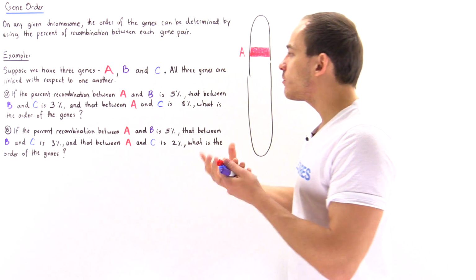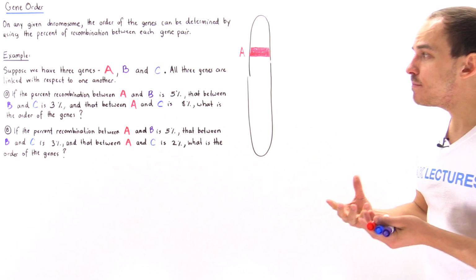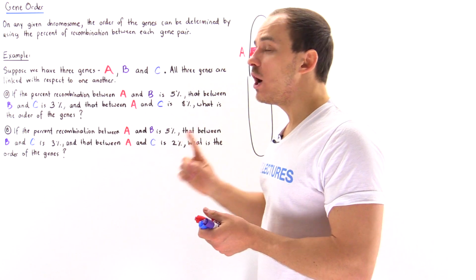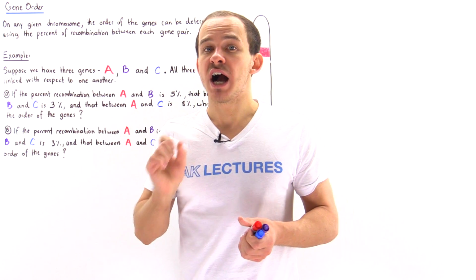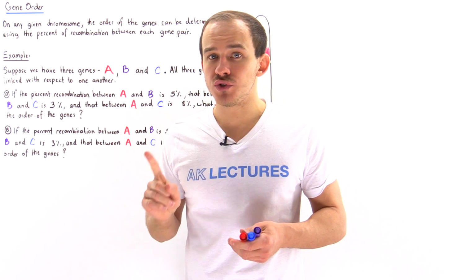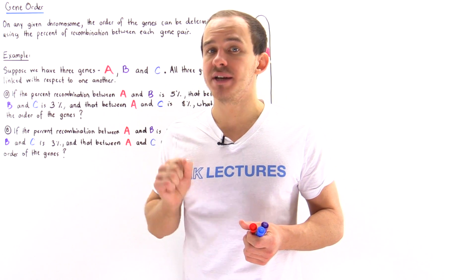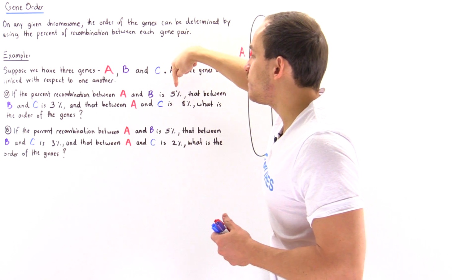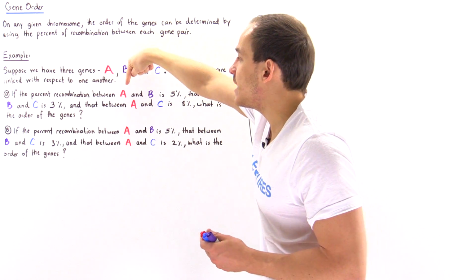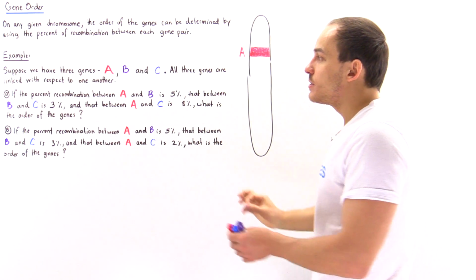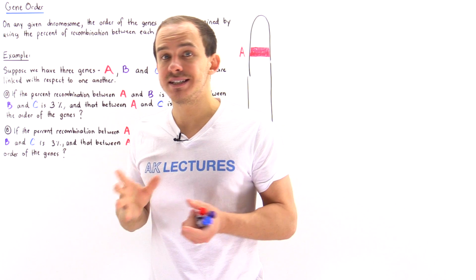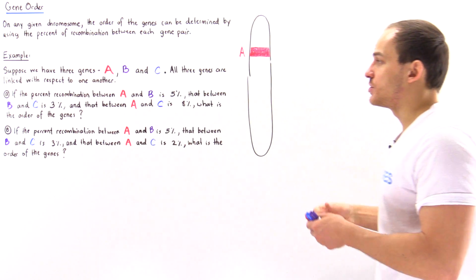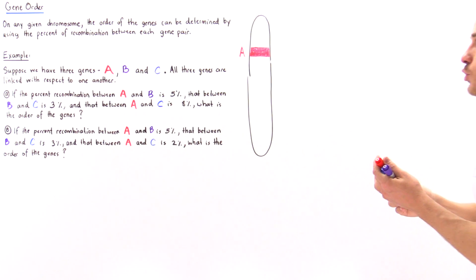Recall in our discussion of gene mapping, we said that one map unit, or one recombination unit, is equal to 1% recombination. What that means is, because we have a 5% recombination between A and B, the distance between A and B is equal to 5 map units, or 5 recombination units.